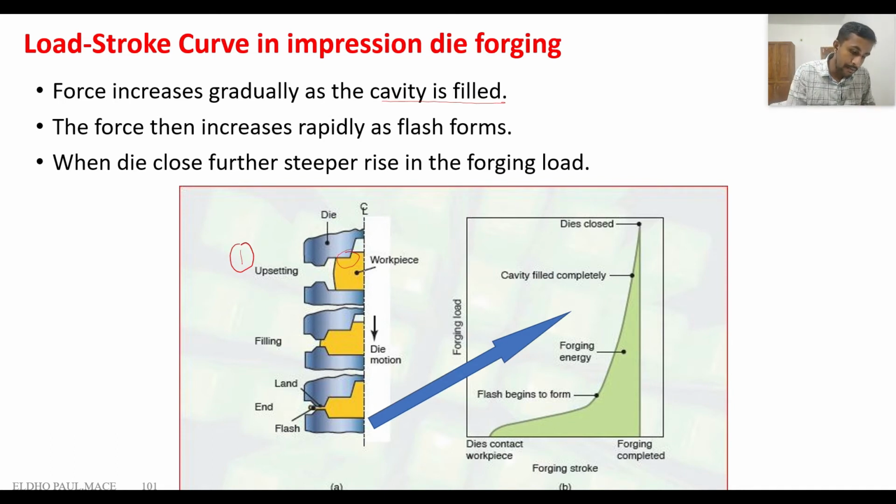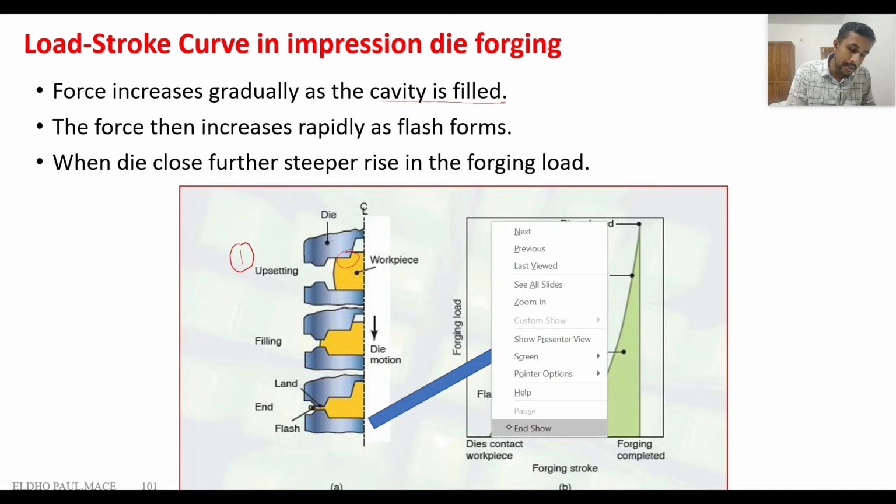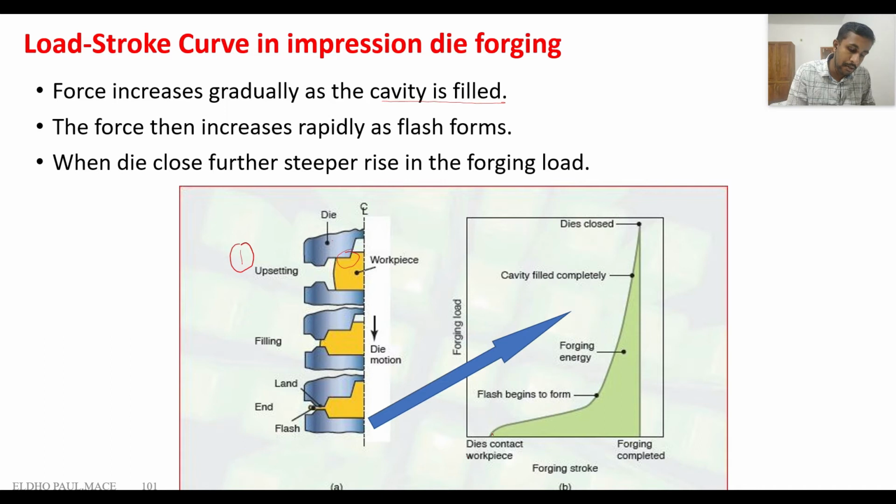We can see that when the die touches the workpiece, the amount of force is increasing. This is the curve showing the increase of force. Then again, when the dies move close to each other, the deformation continues.